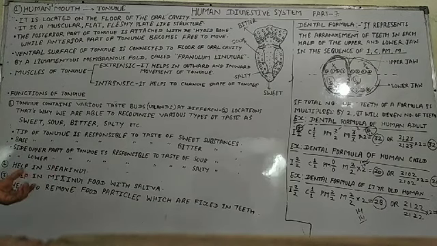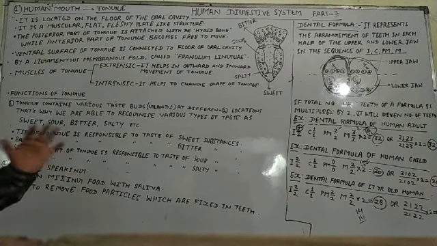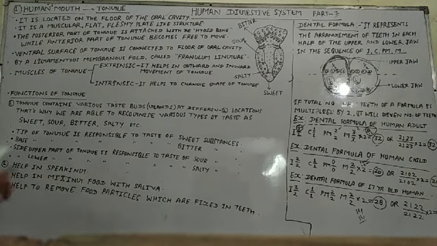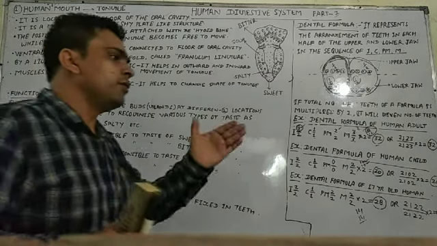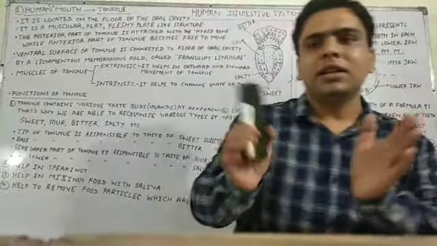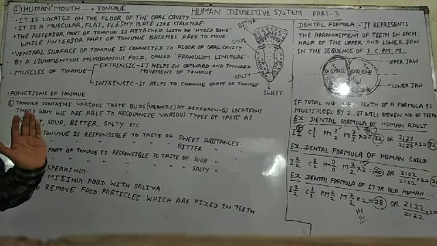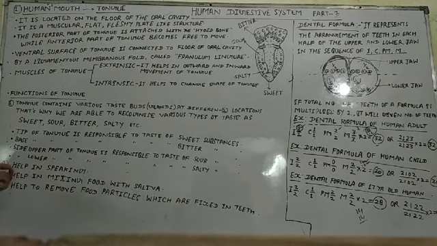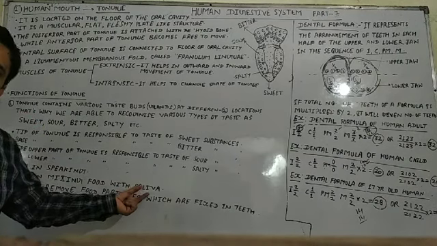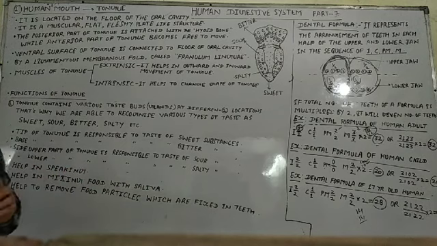This saliva is mixed with the food, and this role is played by the tongue. The tongue moves the food particles here and there during the mixing of saliva. Clear? So the tongue helps in mixing food with the saliva. This is another important function.